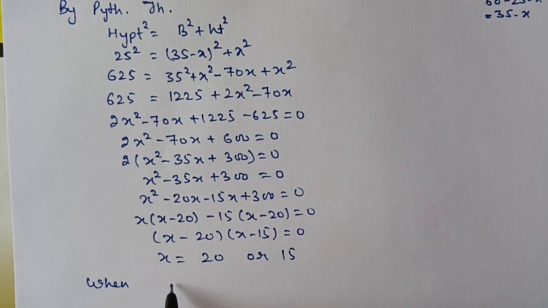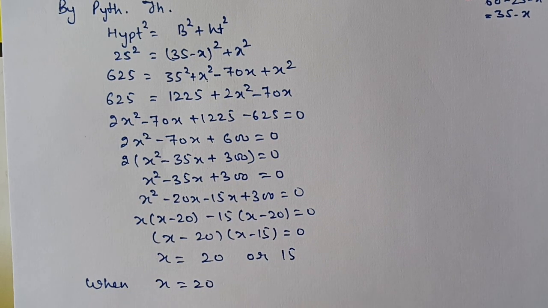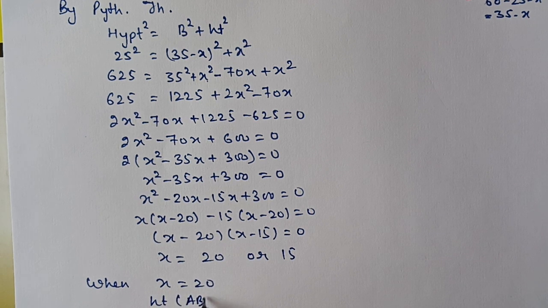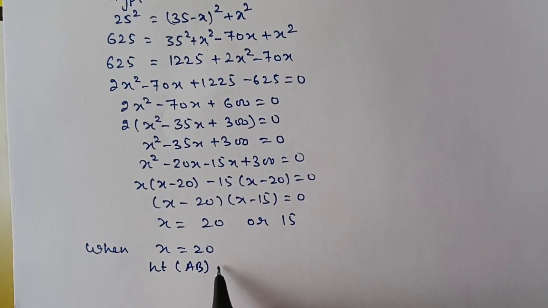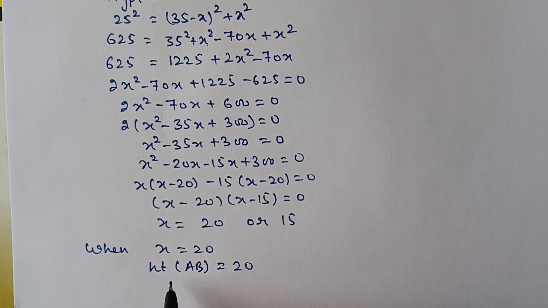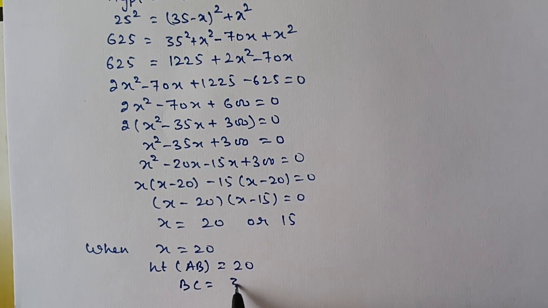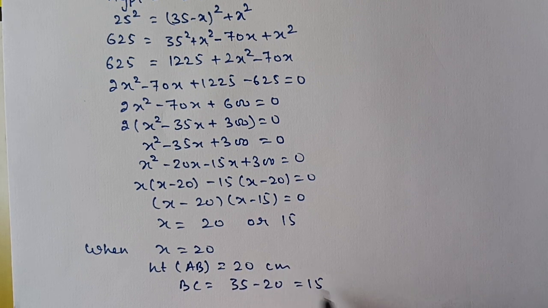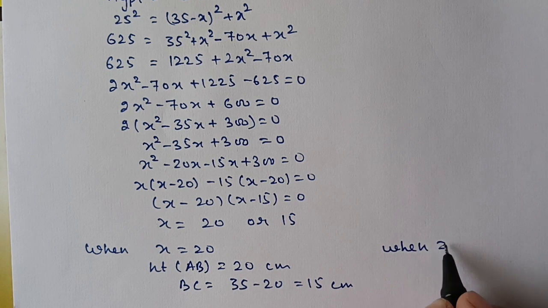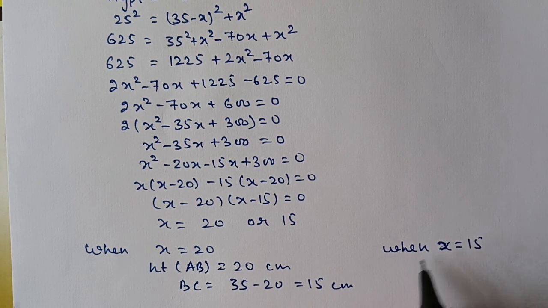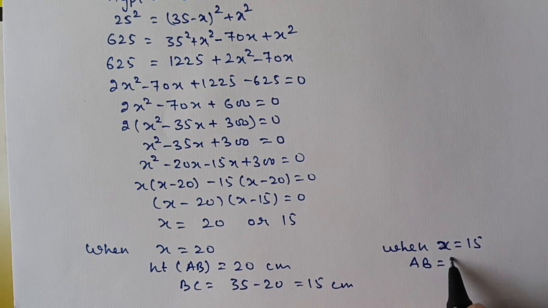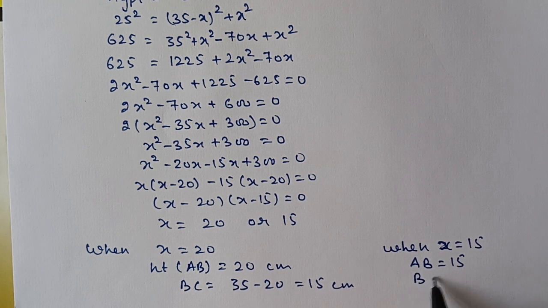When x is 20, in that case height or AB will be 20, and another side BC will be 35 minus 20, 15. And when we take x as 15, in that case AB is 15 and BC will be 20.